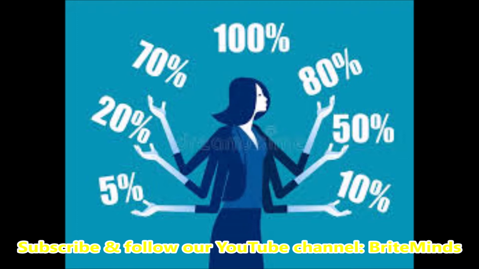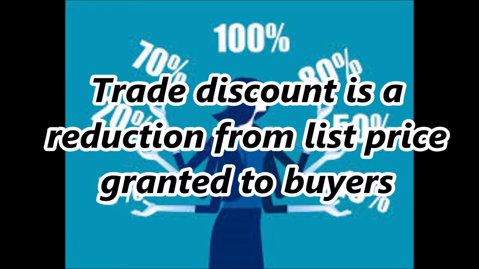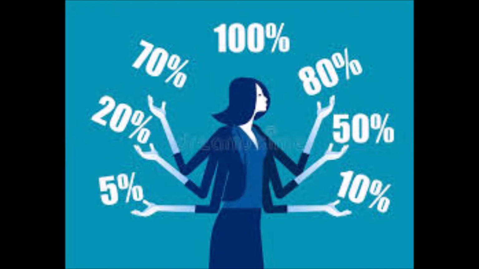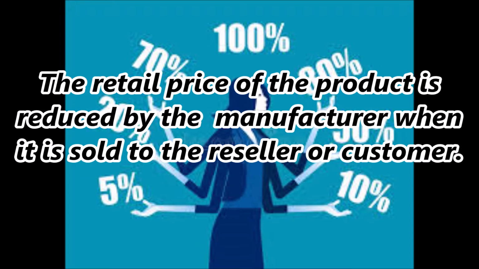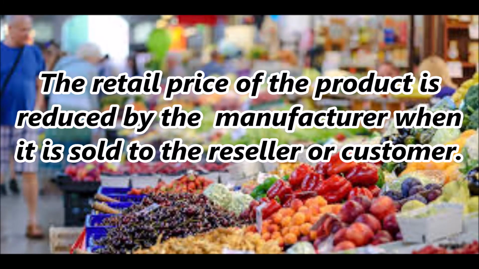Let us define first what is trade discounts. Trade discount is a reduction from list price granted to buyers. It is the amount by which the retail price of a product is reduced by the manufacturer when it is sold to the reseller or customer.